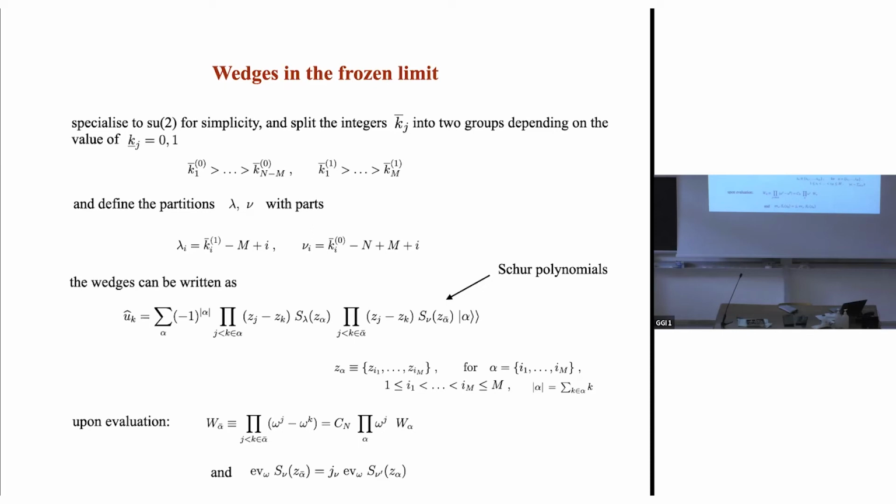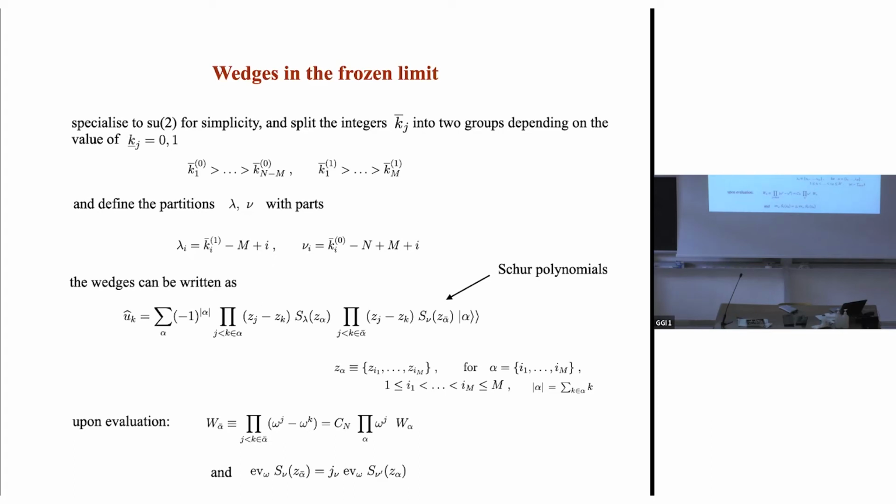We have the spin vector with spins down at positions I1 to IAM. Then the coordinate part can be split into groups. We have the antisymmetric part on z alpha.